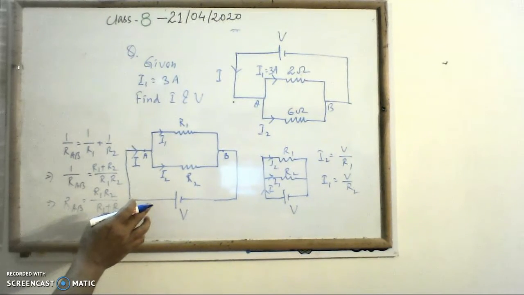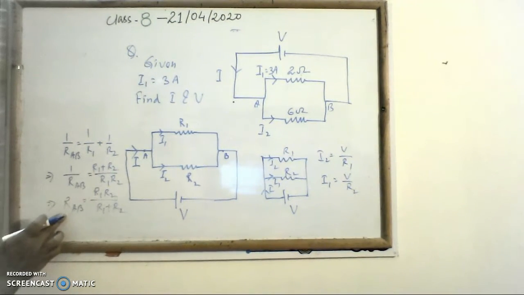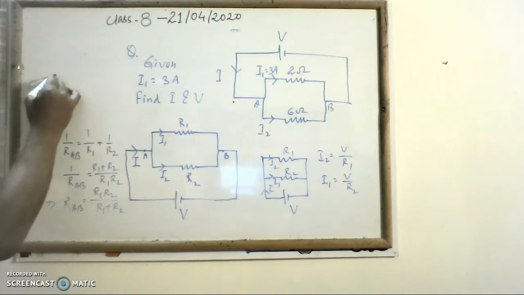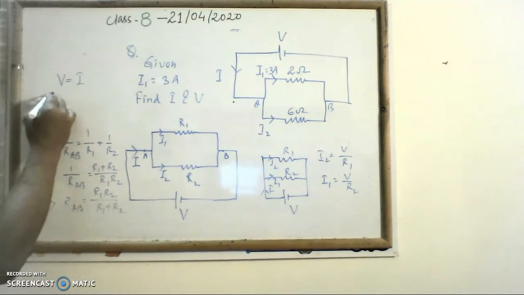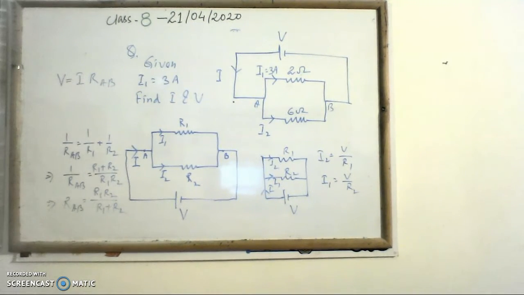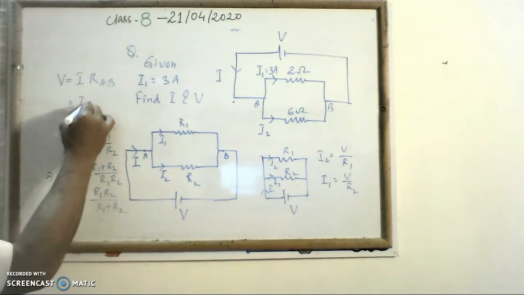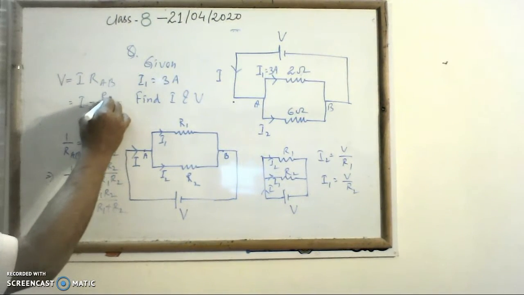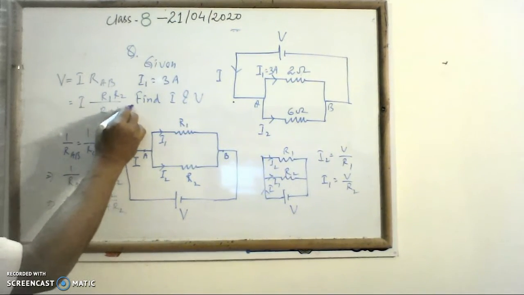From Ohm's law, we have a relation between I, V and RAB. Applying Ohm's law, V is equal to I times RAB, right? So now put the value R1 R2 by R1 plus R2.